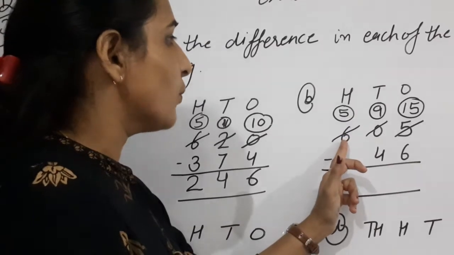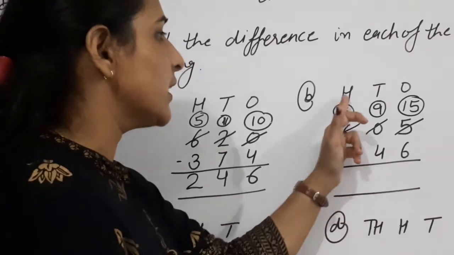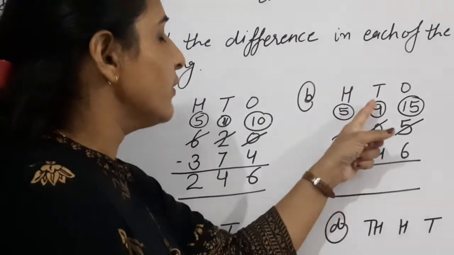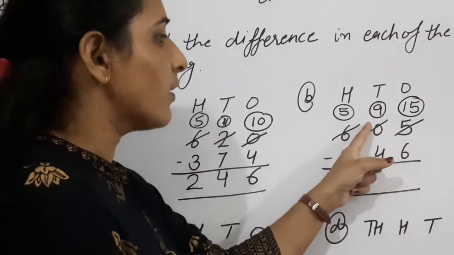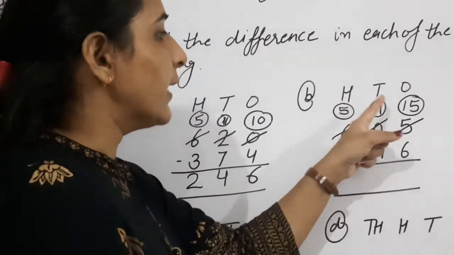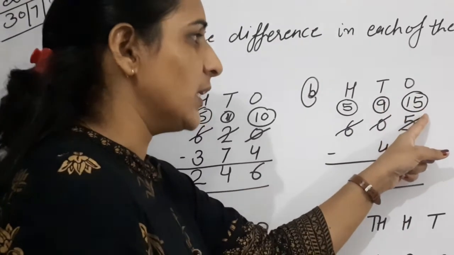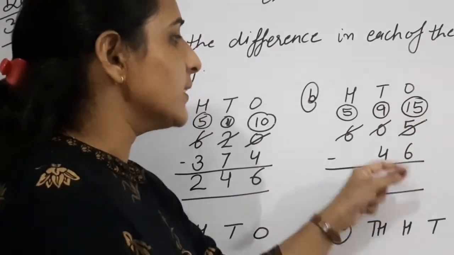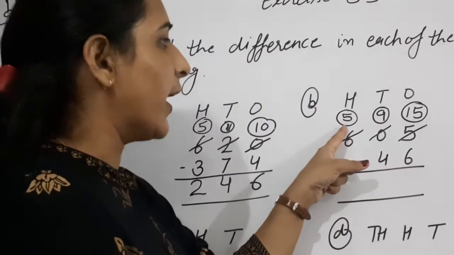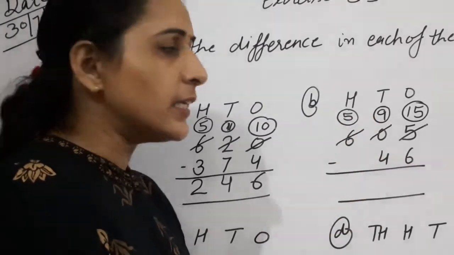So how do we do? We take carry from there. From the 100 place we take carry. From 100 we make here 10 tens. Now there is 10 and here is 5. When we take carry from there, it is 15. Clear? 15 ones, 9 tens and 5 hundreds. Now we can easily subtract.